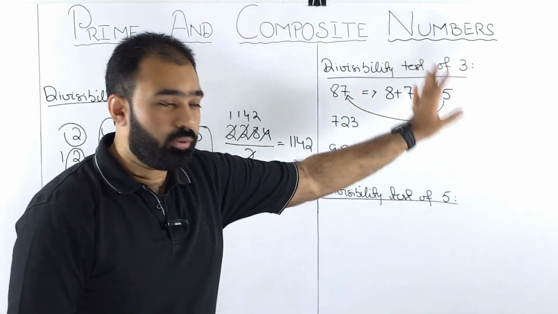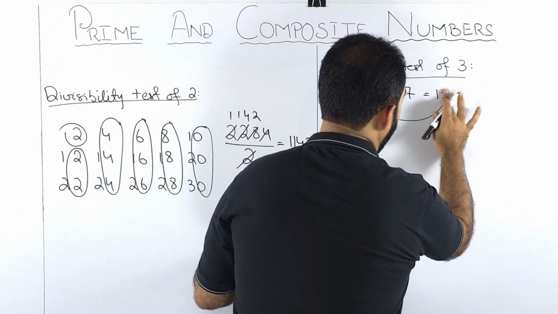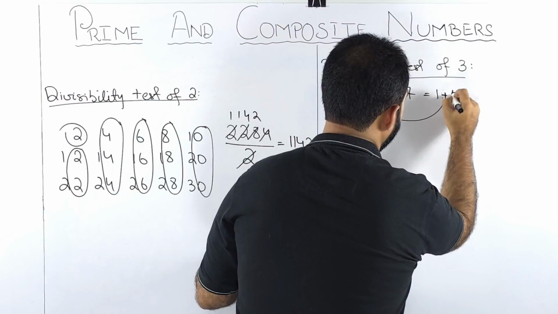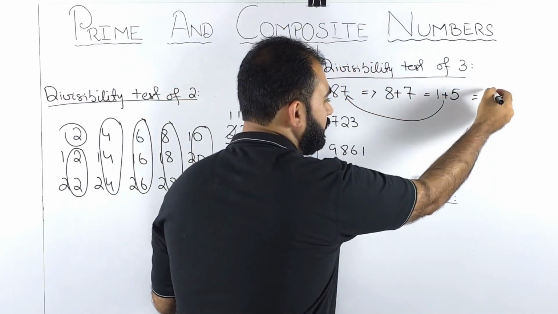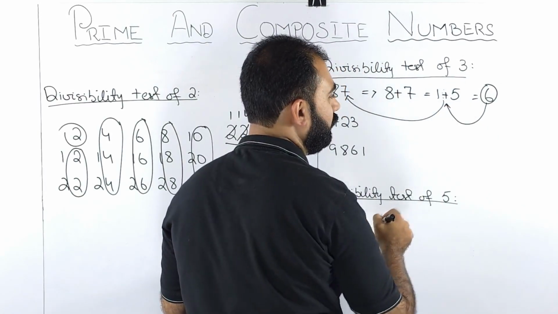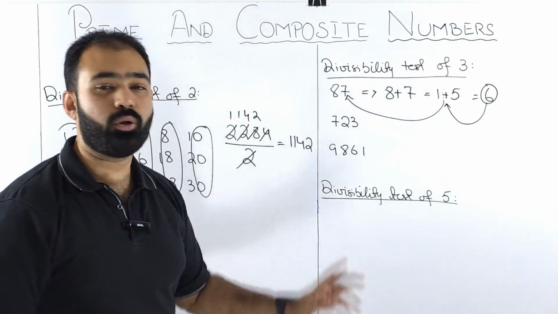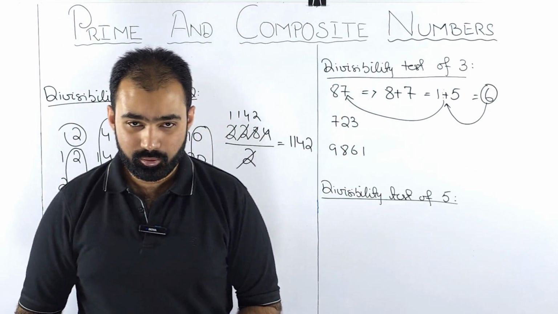You can even simplify it further. Let's say 1 plus 5 gives us 6. 6 is completely divisible by 3, which means 15 is also completely divisible by 3. And if 15 is completely divisible by 3, that means 87 is also completely divisible by 3.